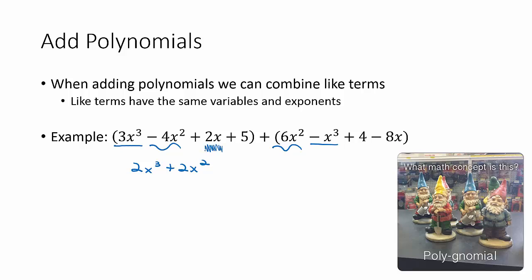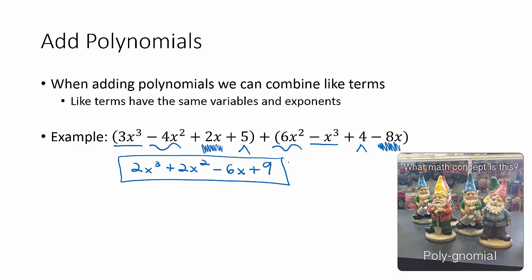Then we've got 2x to combine with the negative 8x. 2 minus 8 is going to be negative 6 of these x's. And then the numbers, 5 plus 4 is going to add to 9. And so when we add these two polynomials together by combining like terms, we get 2x cubed plus 2x squared minus 6x plus 9.